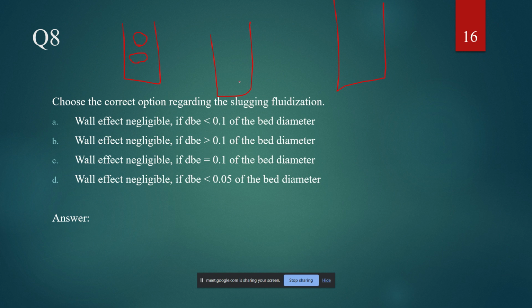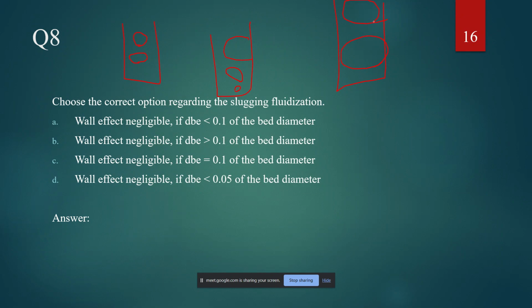And next is the wall slugs, wherein small bubbles grow and they attach with the walls. This is observed in case of large particles and they move faster than the round nose slugs. And the last one is flat slugs where they almost occupy the size of the vessel. This is observed in case of cohesive particles like Geldart C or angular particles.